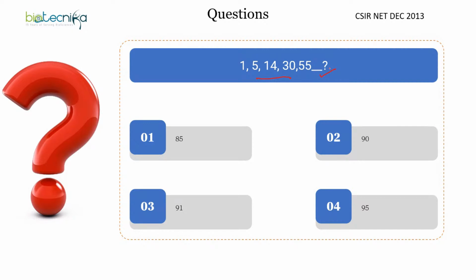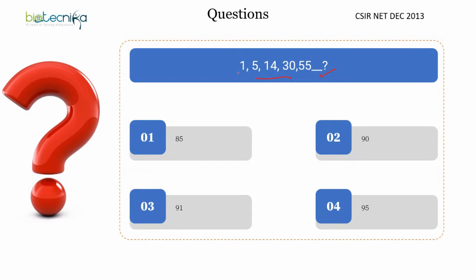Let's find out what pattern is going on. We have studied two cases, decrease and increase. In the increase case, addition, multiplication, square, cube, these things are possible.